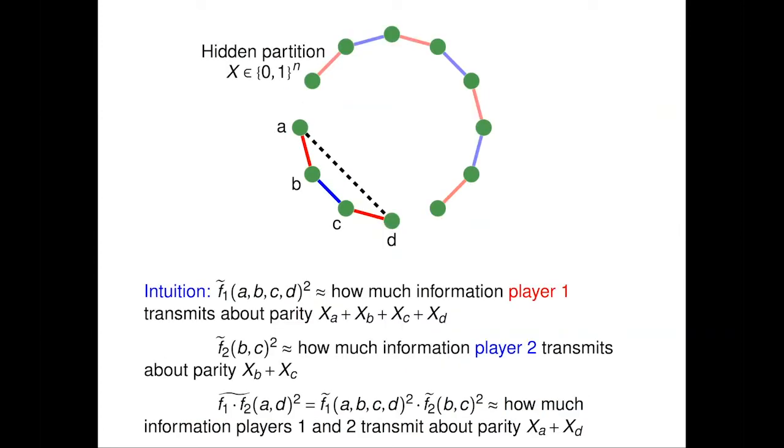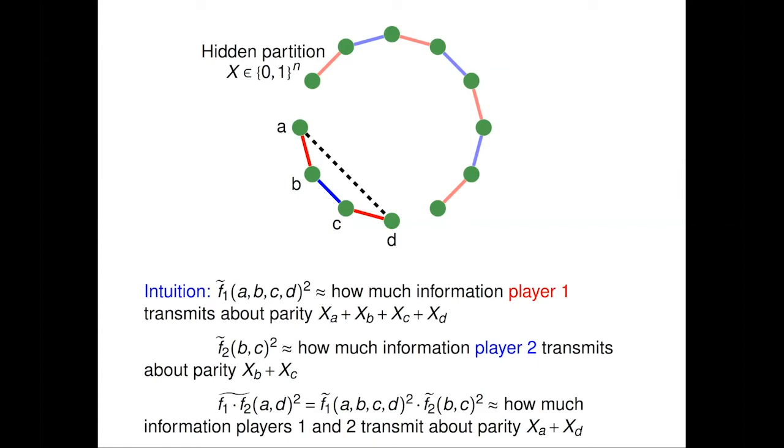Okay. So for example, here, if the red player transmitted some information about parities of X across the red matching, and then the second player transmitted information about the parities of X across the blue matching, then they can combine their knowledge to learn about, let's say, XA plus XD.